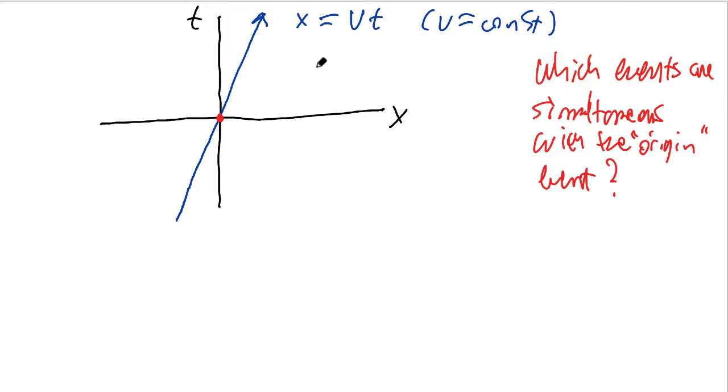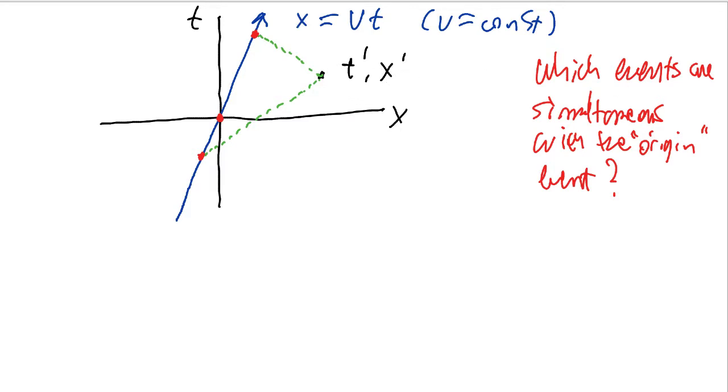All right, so here is a generic event. Let's give it coordinates t prime, x prime, and recall the construction of how this observer assigns a time to this event. The observer sends out a light ray, which travels at 45 degrees in this diagram, lets it reflect off of that event and return, and then the observer checks the clock time on his clock of the sending event and the receiving event, and then takes the mean, the halfway point between those two events, and that's how he assigns a time.